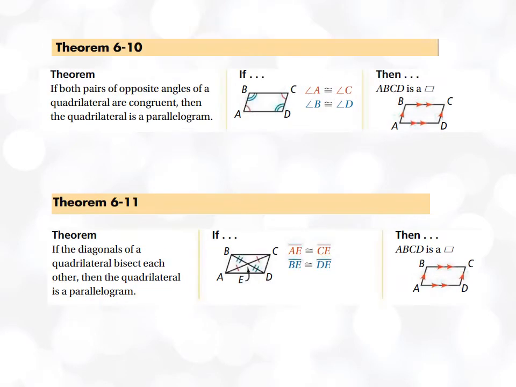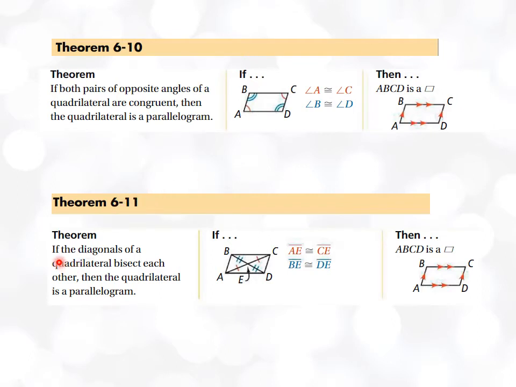Well, the next, Theorem 6.10, states that if both pairs of opposite angles of a quadrilateral are congruent, then the quadrilateral is a parallelogram. Look at this. If angle A is congruent to angle C and angle B is congruent to angle D, opposite angles are congruent, then ABCD is a parallelogram. Great, now let's check Theorem 6.11.